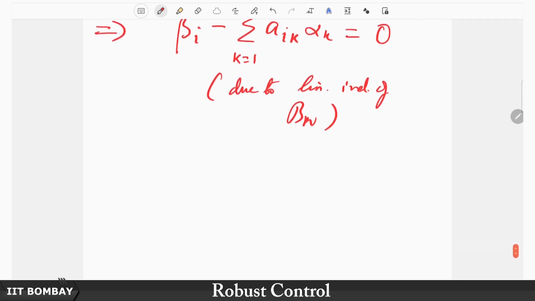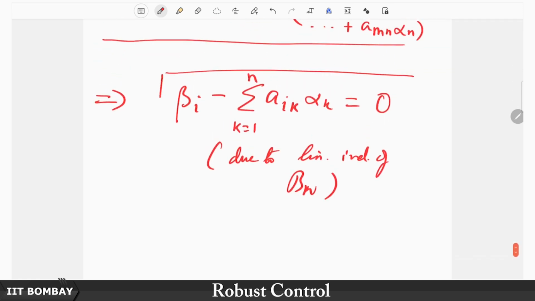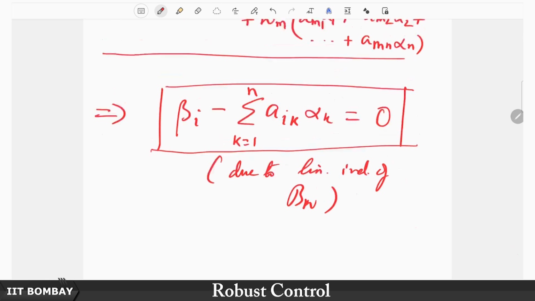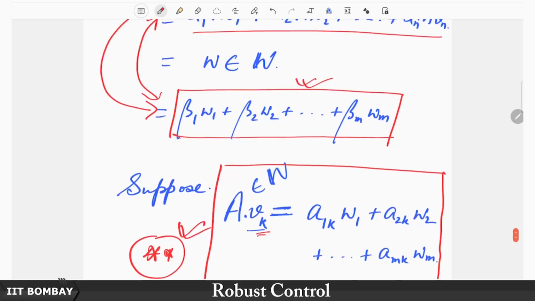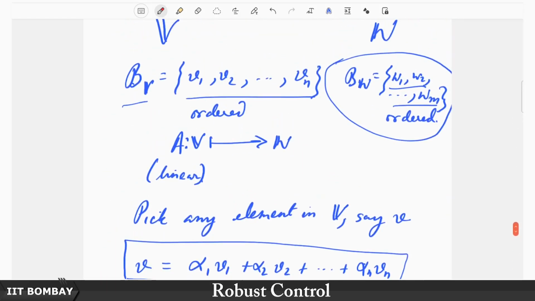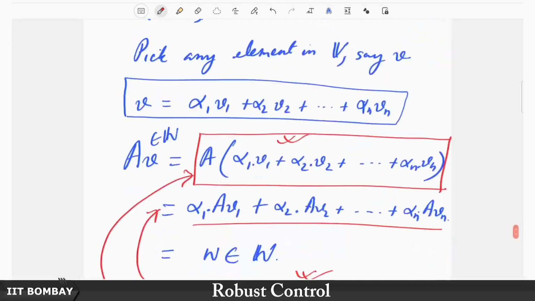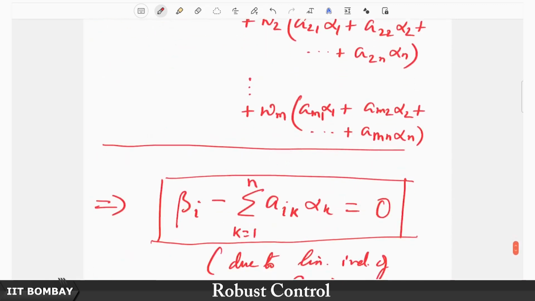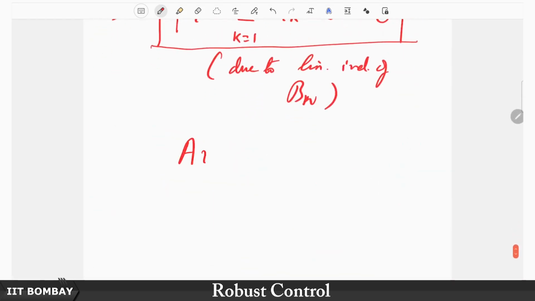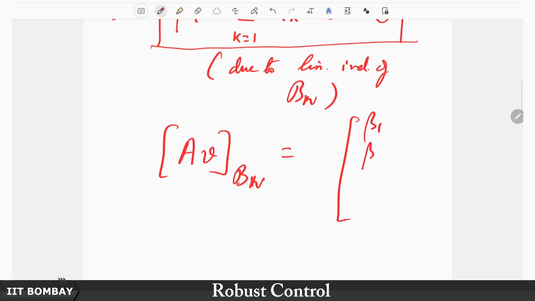So, if I want to represent this now, what is this? What are these betas after all? The betas are the representation of AV in terms of the ordered basis BW. So, if you would allow me to write it in this fashion, AV represented in terms of the basis BW is going to be beta 1, beta 2 dot dot dot till beta m, and this belongs to F to the m.